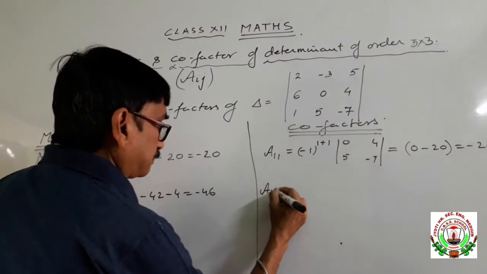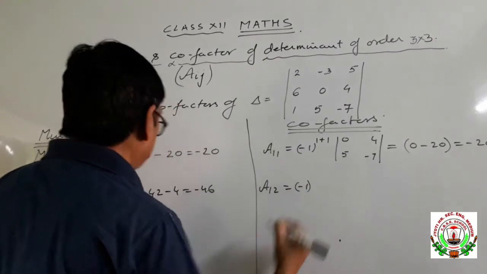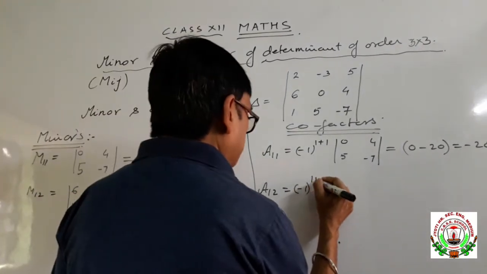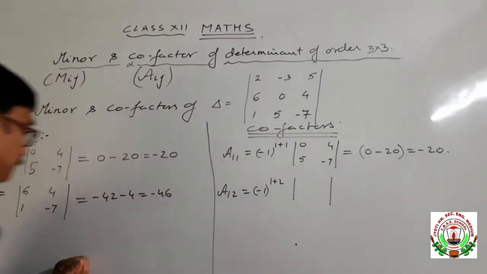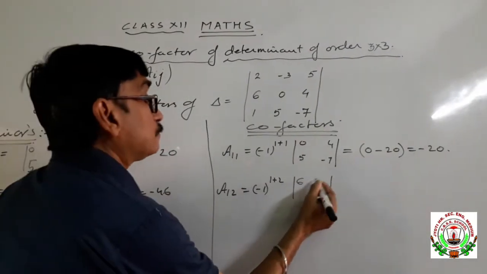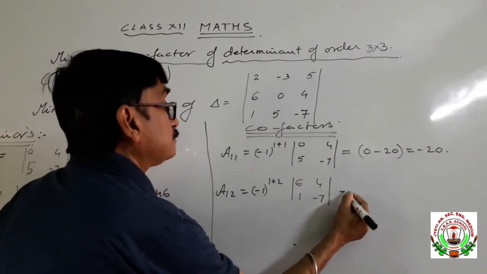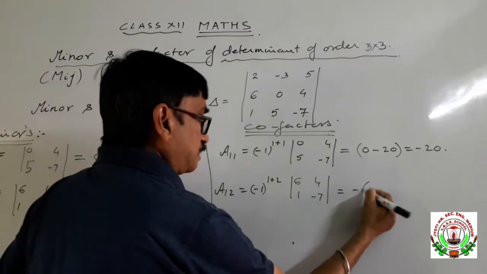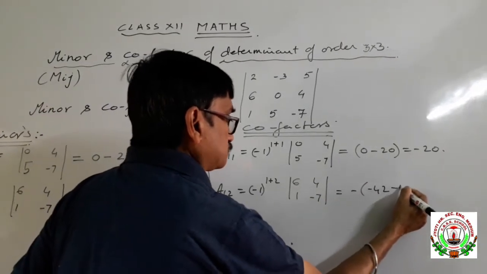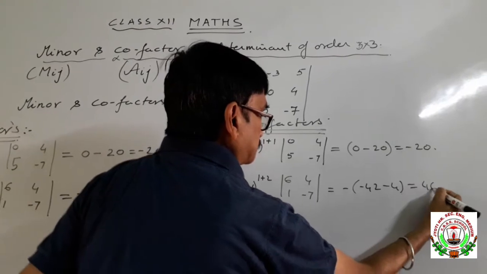For cofactor A12 equals minus 1 to the power 1 plus 2, times the elements 6, 4, 1 minus 7. This minus sign and minus 42 minus 4 will give you 46.